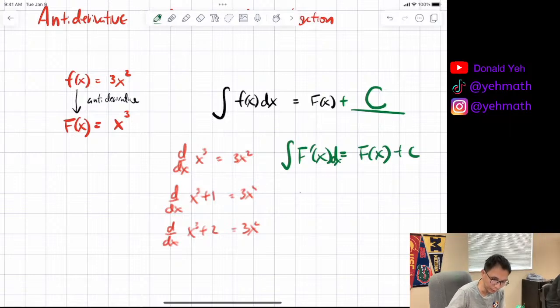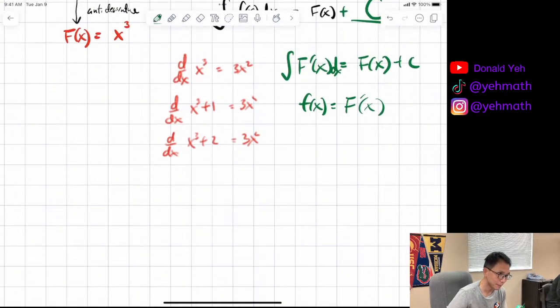So f of x is the same notation as capital F prime of x. Notation sometimes gets kind of confusing, but just understand that. Is that okay? Okay.